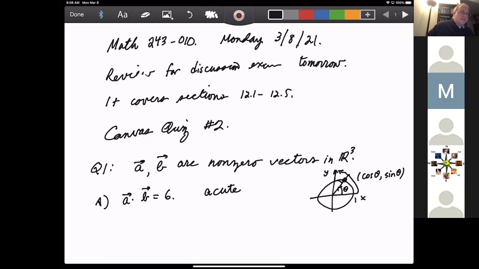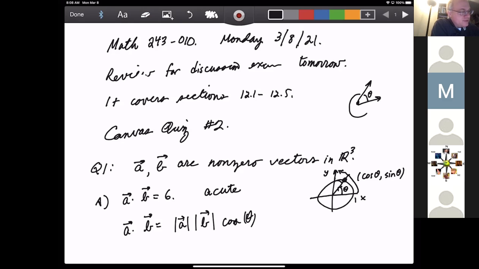Remember that the dot product is related to the cosine of the angle between the vectors, and it's the smaller angle between the vectors. So if you have 2 vectors, you might think, well, there's really 2 angles. Call those theta and phi.